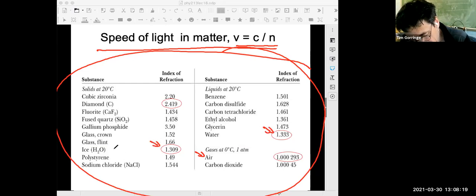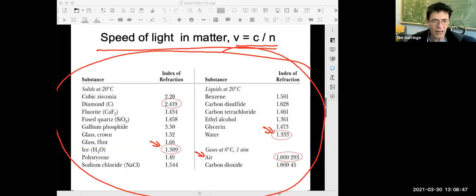Here's ice and water. Ice and water are transparent to visible light. Light traveling through ice and water travels slower than light in vacuum. For liquid water, it travels slower by a factor of about 1.33.